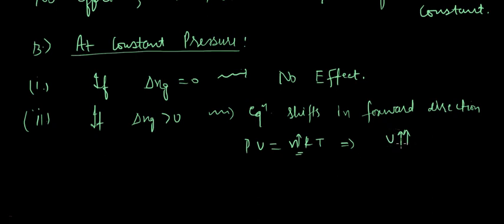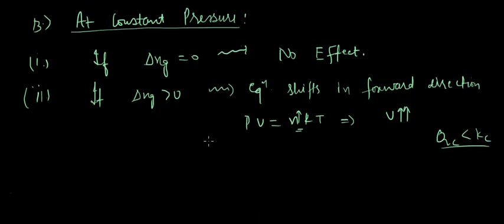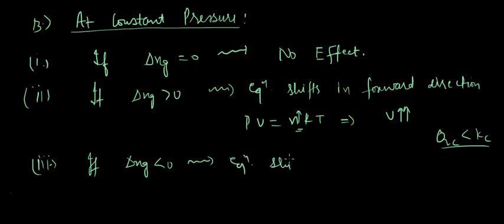So we can say that Qc goes below the Kc level, hence the equilibrium shifts in the forward direction. And third is, if delta Ng is negative, then just the opposite of that, that means equilibrium shifts in the backward direction.